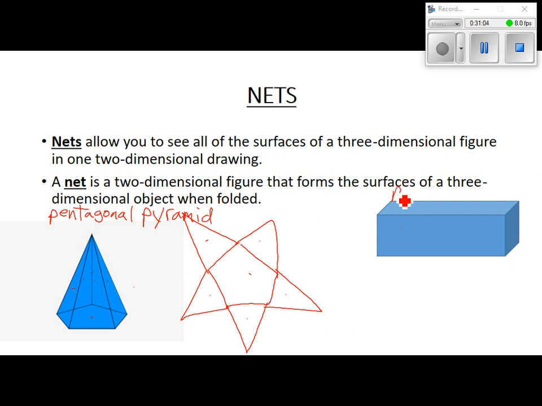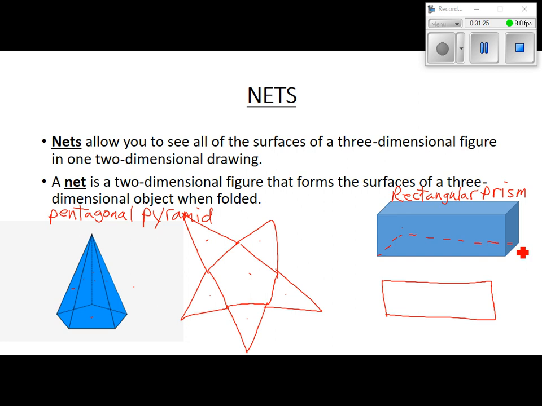This is a rectangular prism. And if we were going to draw this as a net, we might draw something like, maybe this is the bottom down here that we can't see.